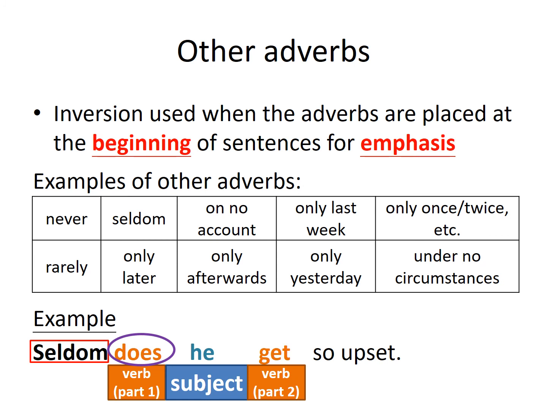After the subject he, the remaining part of the verb get has to be written. Please note that does has done the part of agreement and tense already, so we should use the bare infinitive form get after the subject.